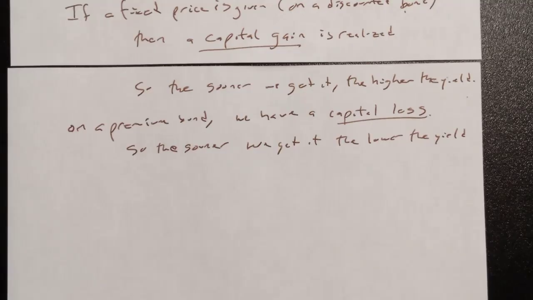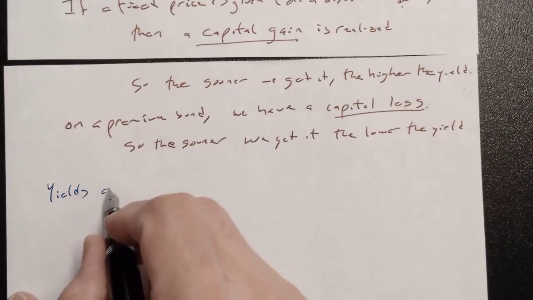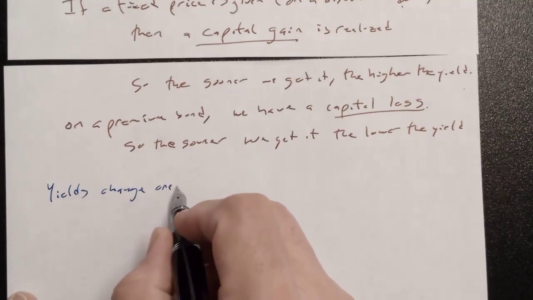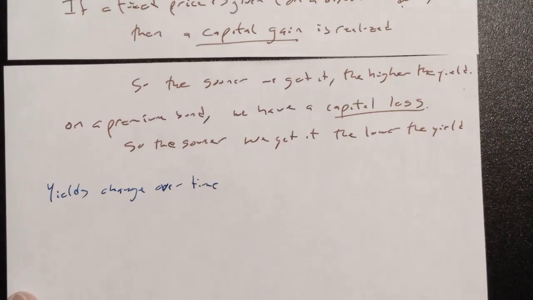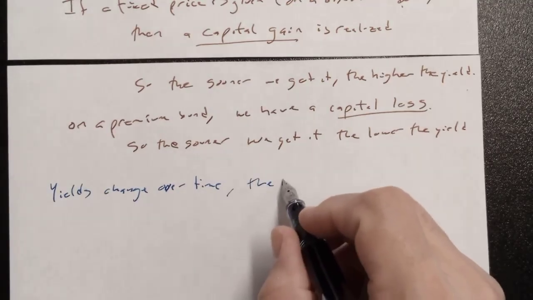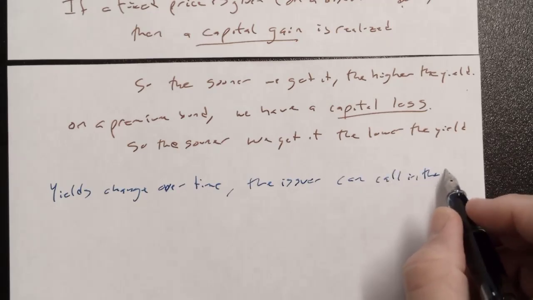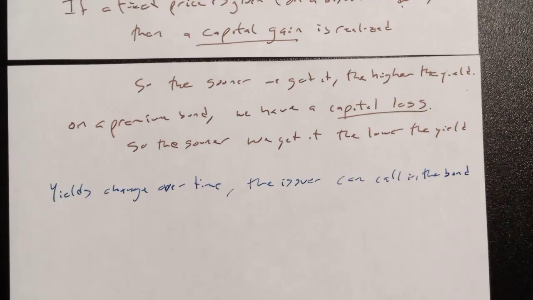Now, yields change over time. And that means the seller, that's the one who has the call power, the seller, the issuer, has the option to call in the bond and issue a new one with the same face value to get a better deal.